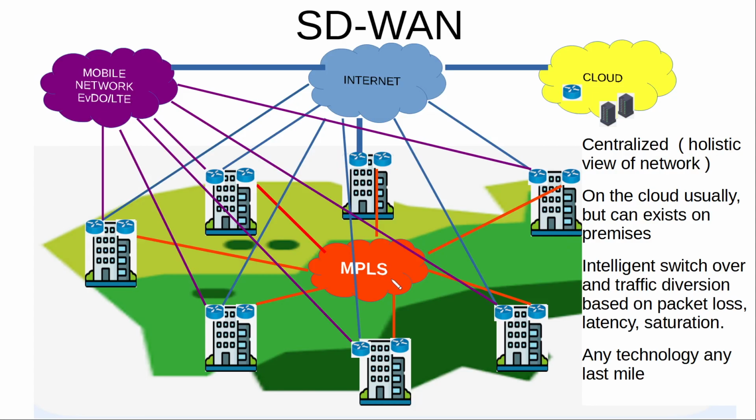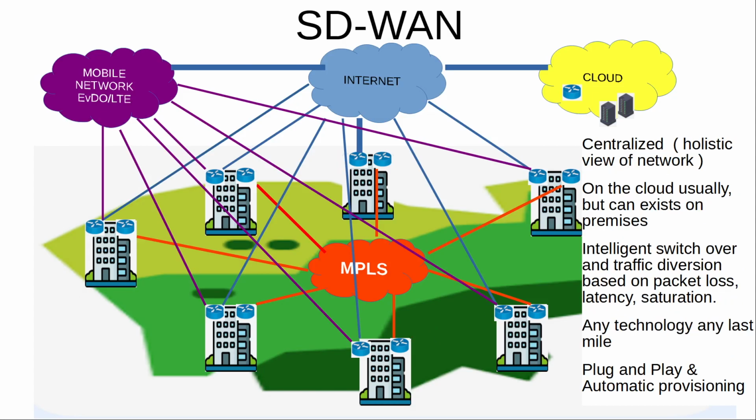So this device can get connected to an MPLS, to a fiber-based internet, or to a wireless-based internet. No matter what, your SD-WAN solution should be able to accommodate any link that you want to use. And also, SD-WAN should be plug and play and provide you with automatic provisioning.